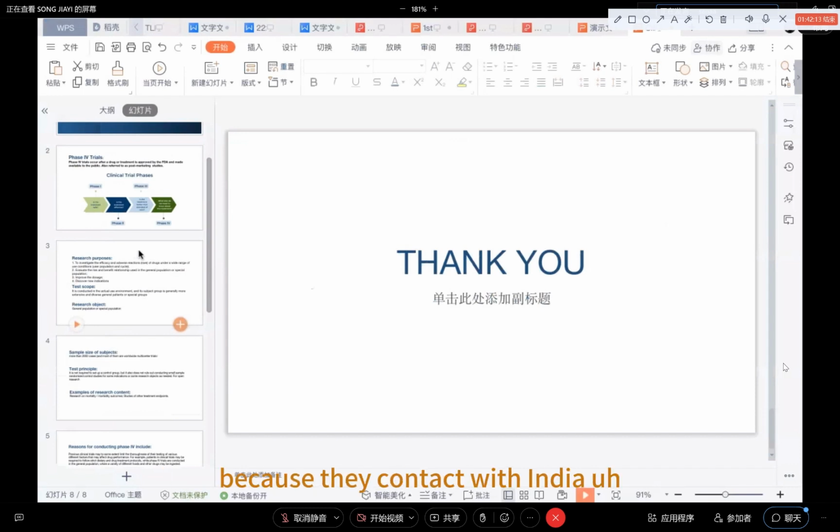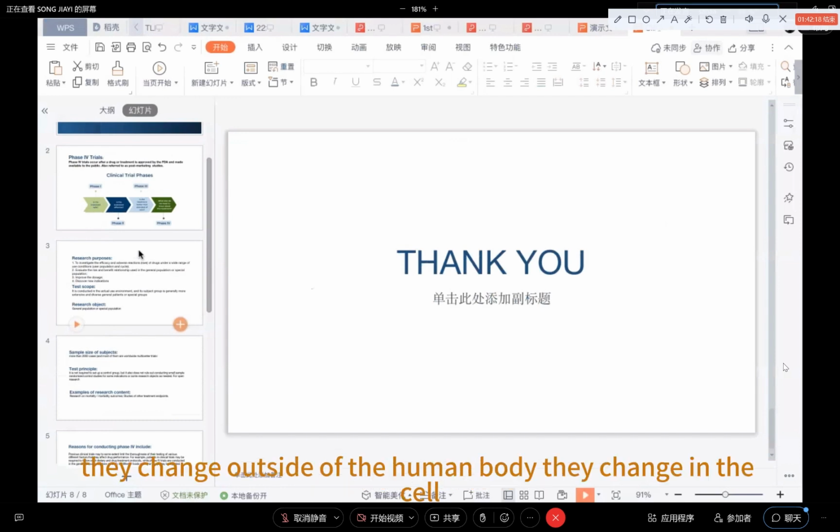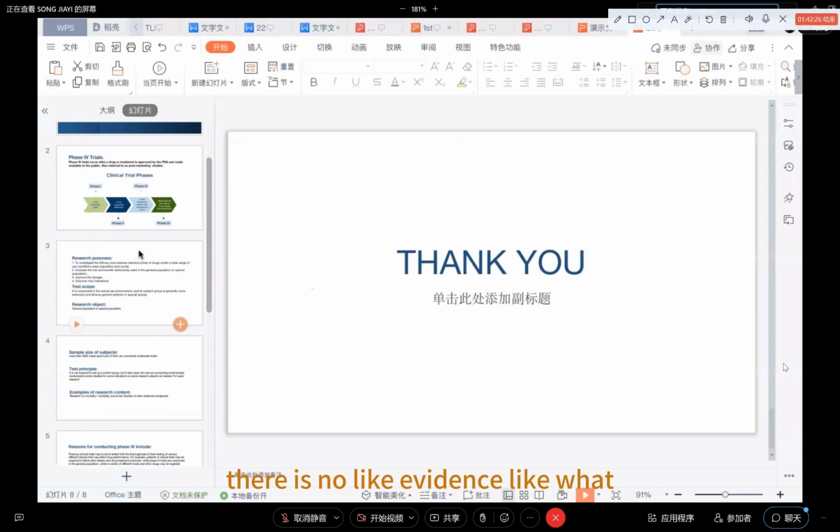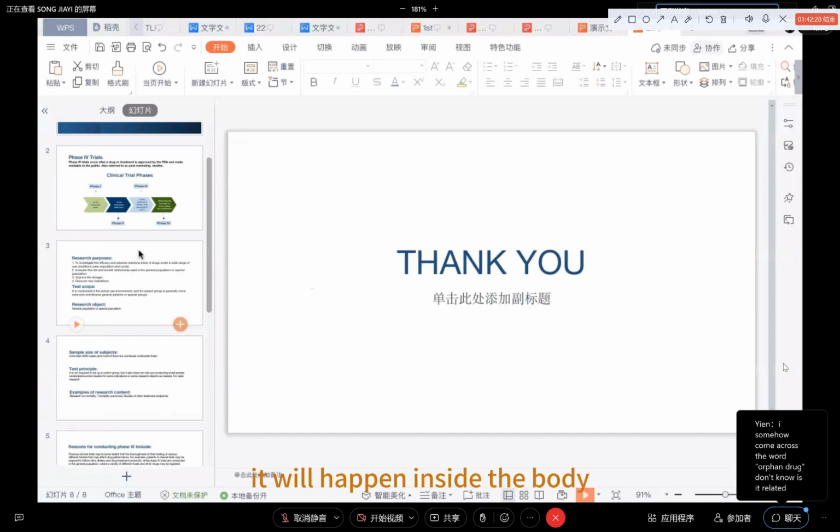They conduct it ex vivo, outside of the human body, they change the cells by genetic engineering, and then they put it back into the body. So there is no evidence of what will happen inside the body.